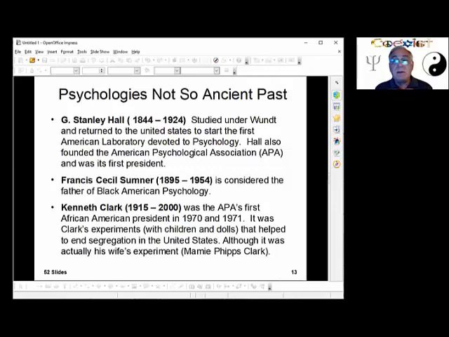Now, remember, William James is the first psychologist, but the laboratories that he had were specifically for his students to be able to understand psychology, the functions of psychology. And G. Stanley Hall started the first laboratory devoted specifically to psychology to figure out what is psychology, not just for students.